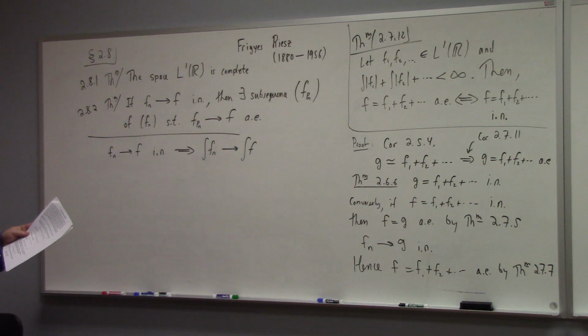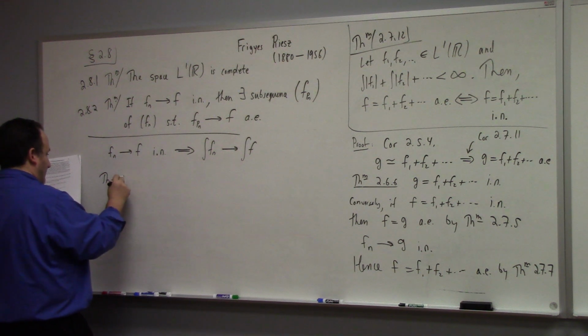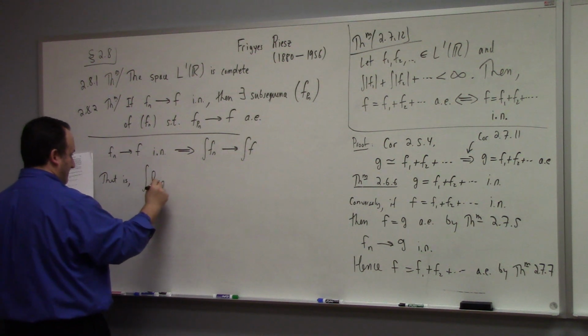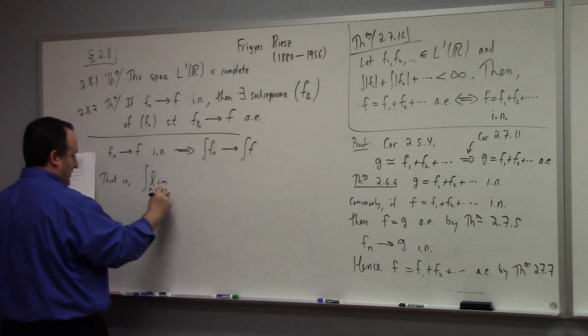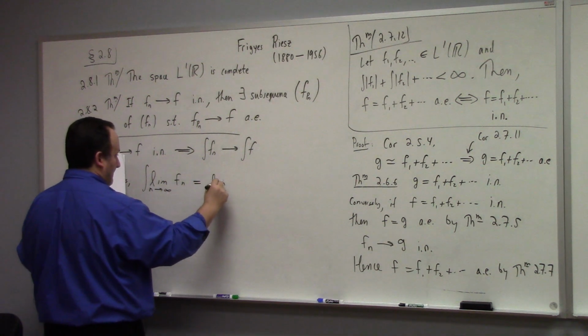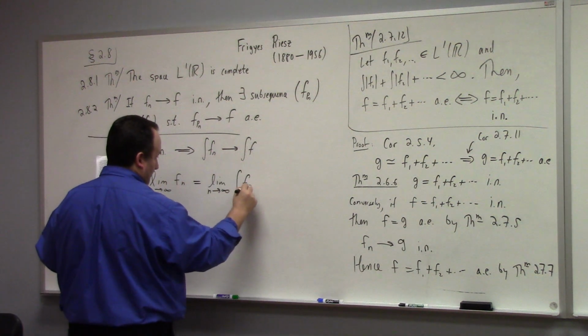No, more than that. More than that? Yeah. What do you mean? Oh, in other words, the integral of the limit as n goes to infinity of Fn is equal to the limit as n goes to infinity of the integral of Fn.